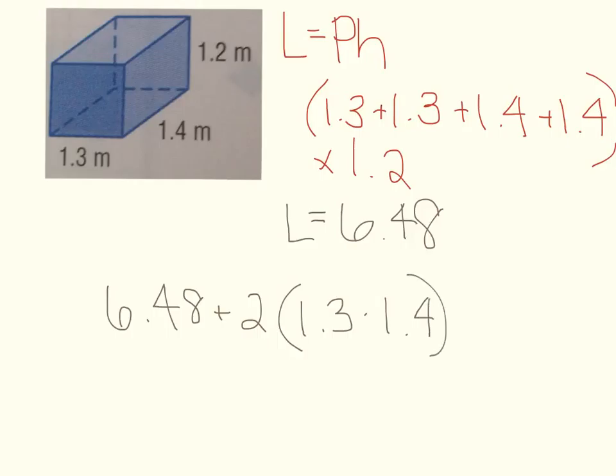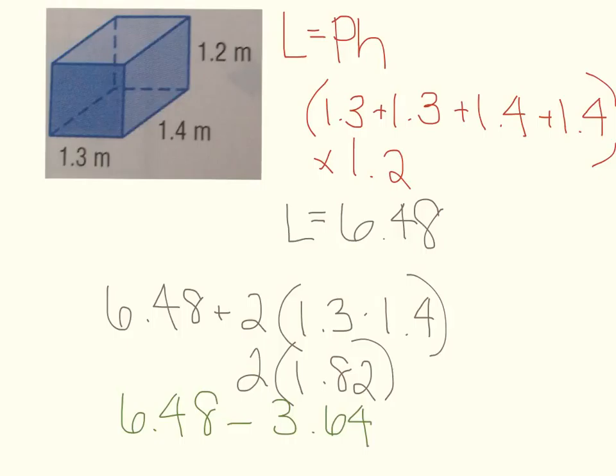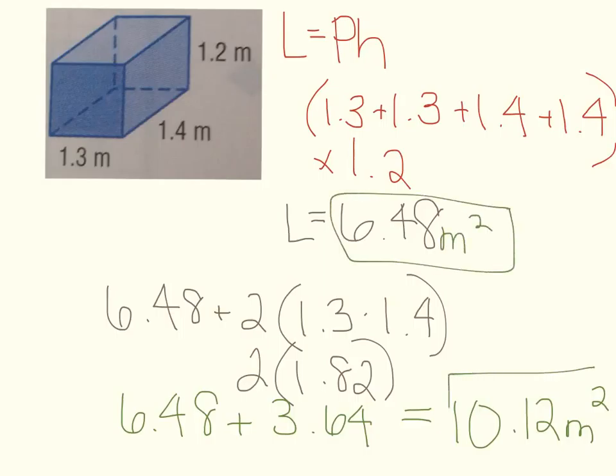So let's multiply those first, and we get 1.82, and you multiply that by 2, and you get 3.64, and then you're going to add that to 6.48 to get a final surface area of 10.12 meters squared. Meters squared is the unit for both of those numbers.